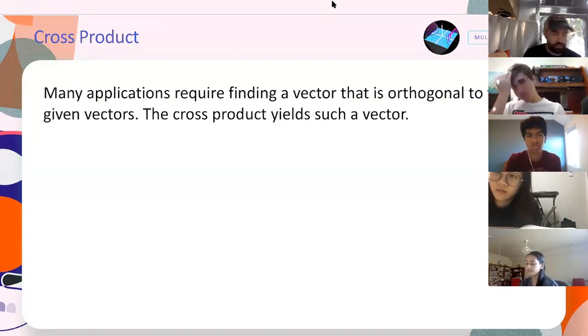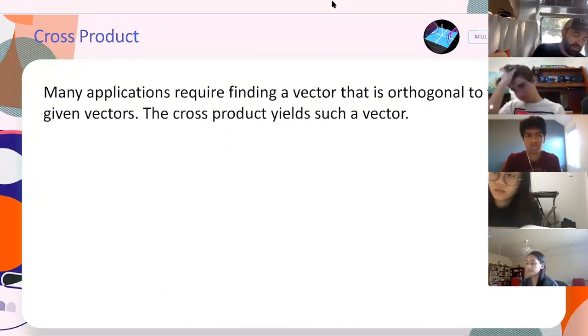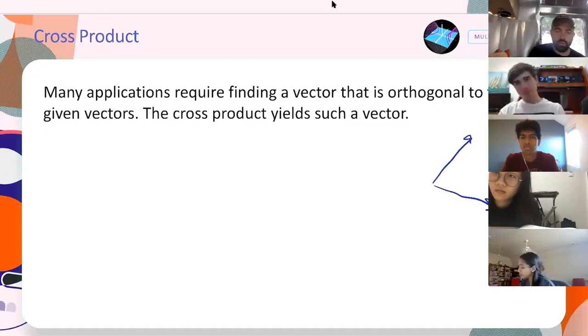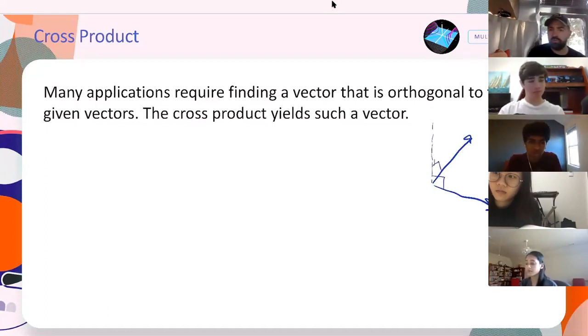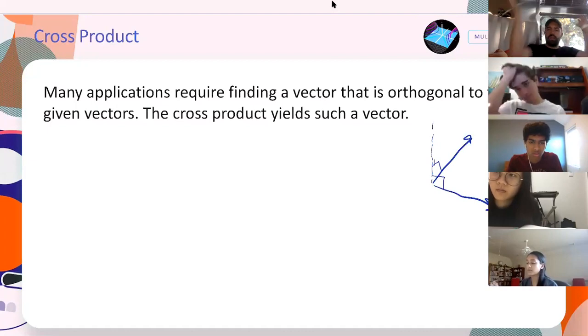It's hard to show because it's three-dimensional, but say I have two vectors in space. Then what I want is a vector that's perpendicular to this one and to this one. Picture that you have the X and Y axis, and we want the Z axis. But that could be tilted anywhere in space, and they don't have to all be perpendicular to each other.